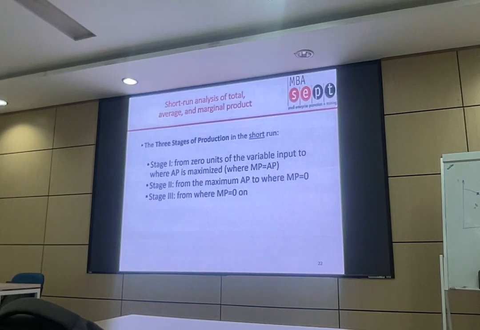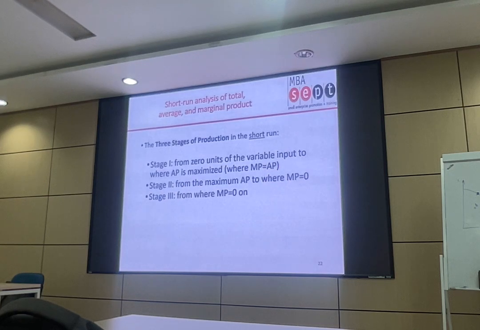These are the three stages of production in the short run. Stage 1 is from 0 units of variable input to where average product is at its maximum, where marginal product equals average product.